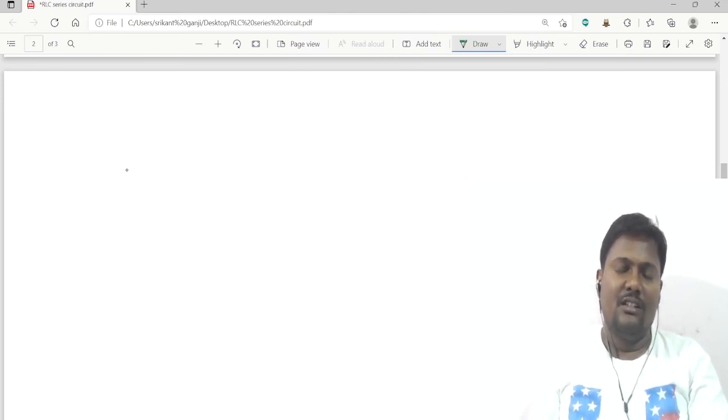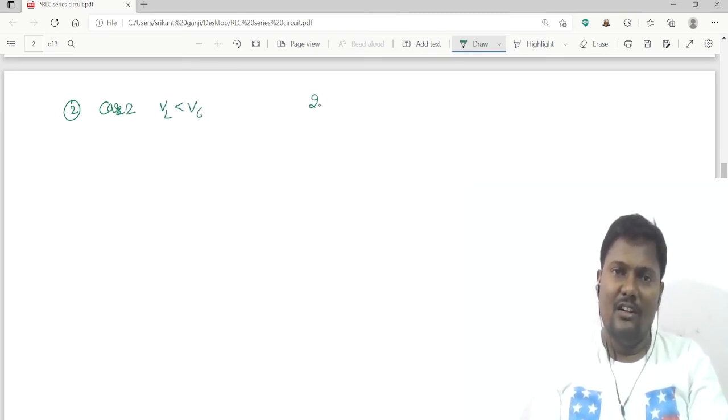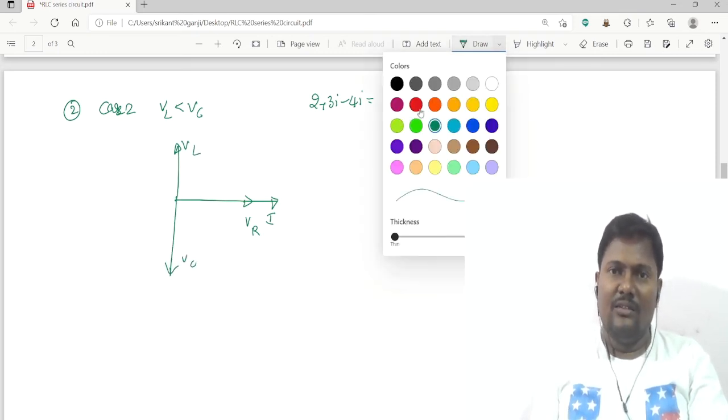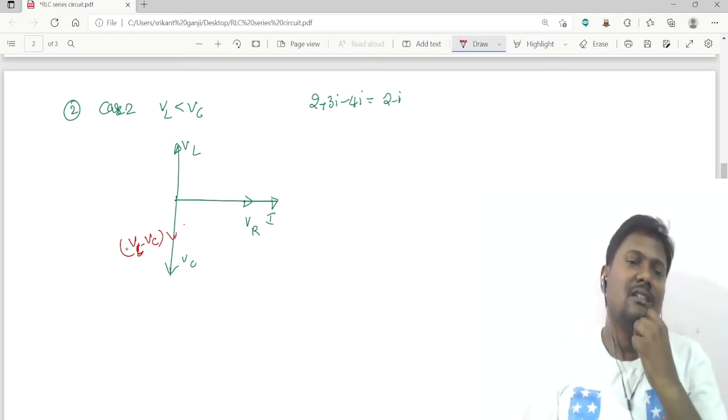And this is a diagram, and in this case 2, VL is less than VC, that is 2 plus 3i minus 4i, I am getting the resultant as 2 minus i. So this one is I, voltage VR is in phase, VL, and the VC length will be more, that VL minus VC is in the downward direction, or VC minus VL.